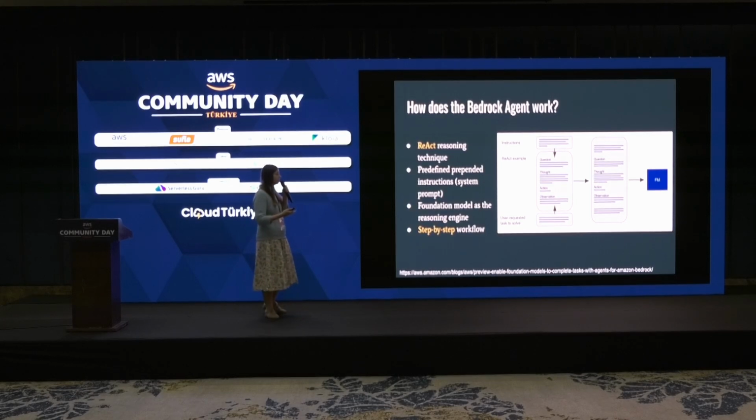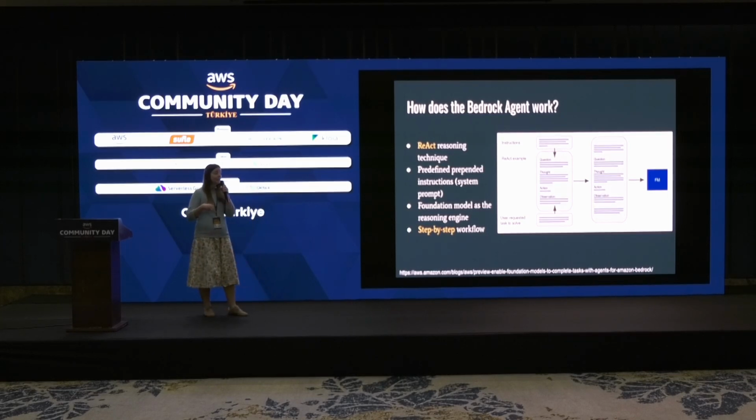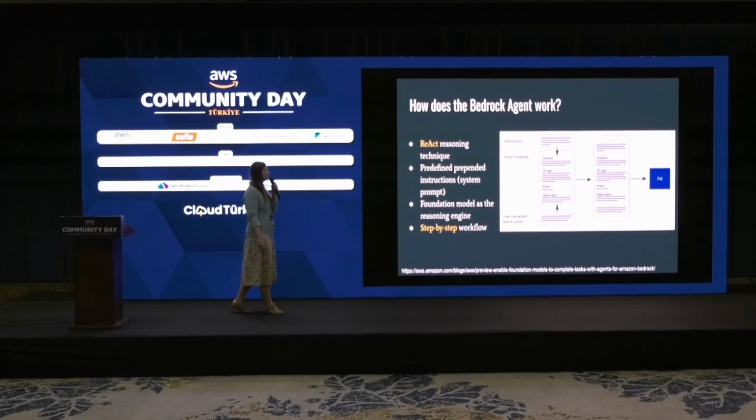So if we task it with a simple or not so simple task, it will try to break it down into multiple steps and produce some questions. Based on these questions, it forms some thoughts. Then it will try to take an action and it will have an observation. Chaining these steps all together, it will try to accomplish our task.